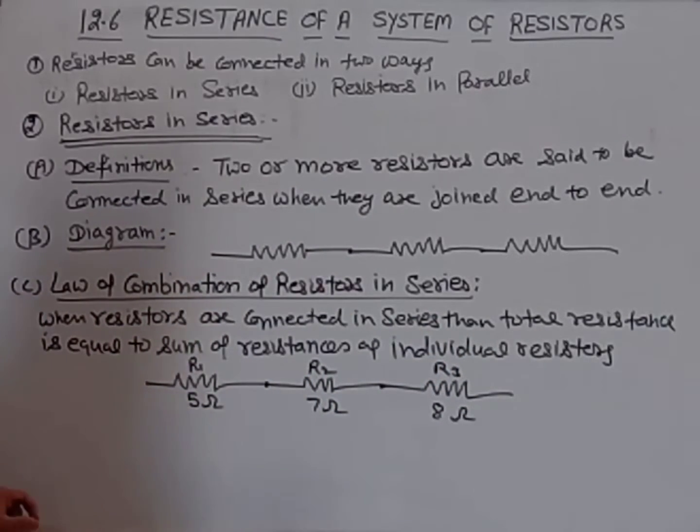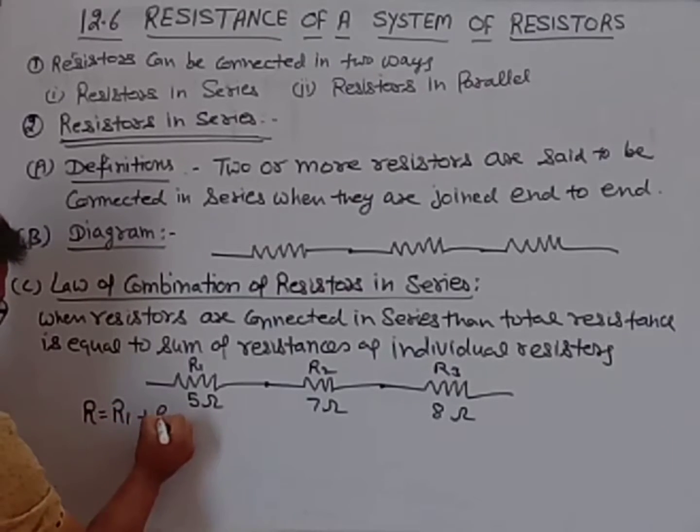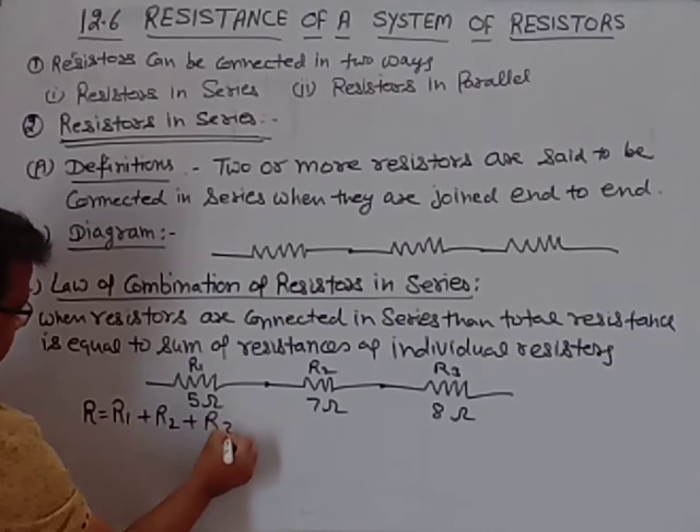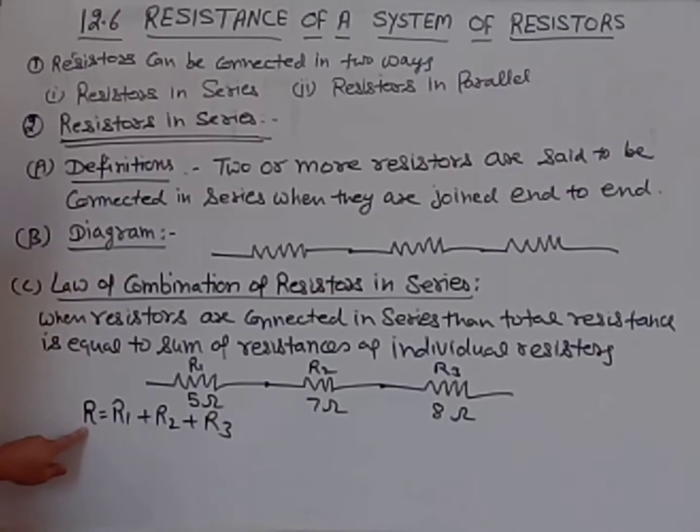Then R, which is the total resistance, is equal to R1 plus R2 plus R3. Total resistance is equal to the sum of individual resistances. If there are 3 resistors, then R1 plus R2 plus R3. If there are 2 resistors, then R is equal to R1 plus R2 and so on.